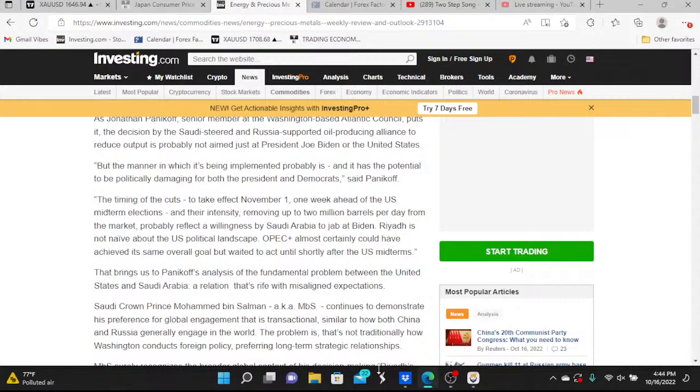Very interesting. The timing of the cuts to take effect November 1st, 1 week ahead of the U.S.